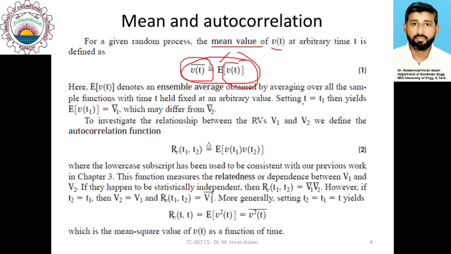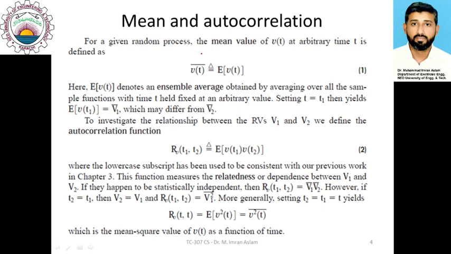And secondly, if we observe at different time t1, you will be getting the mean value of that random variable, but at different times you will be getting different random variables. So at time t1 you will be getting a different mean value for random variable which is v1. At time t2 you may be getting a different average value for v2, and so on.